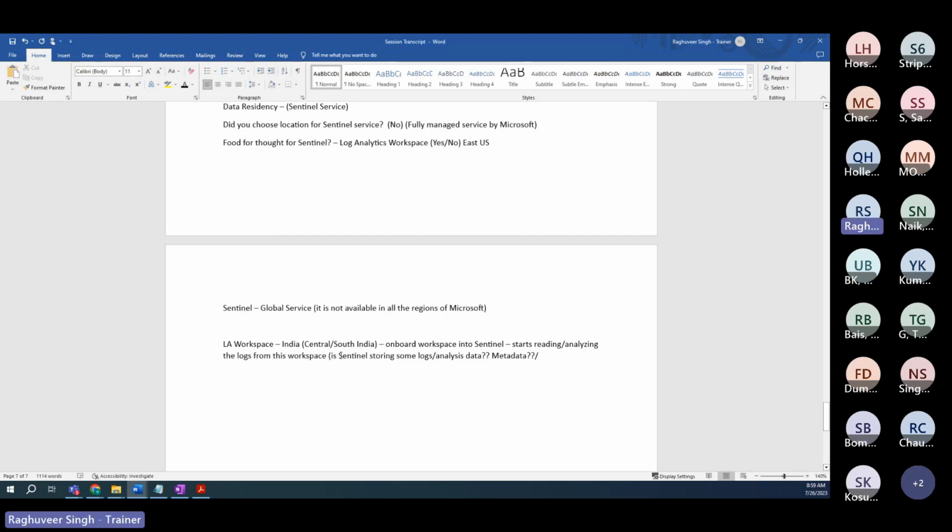So Sentinel is doing all of it. But the question is, is Sentinel storing some log analysis data, which is metadata? And if yes, then where exactly is Sentinel storing it? Because this metadata may also contain PII. This is the big question that you need to answer.